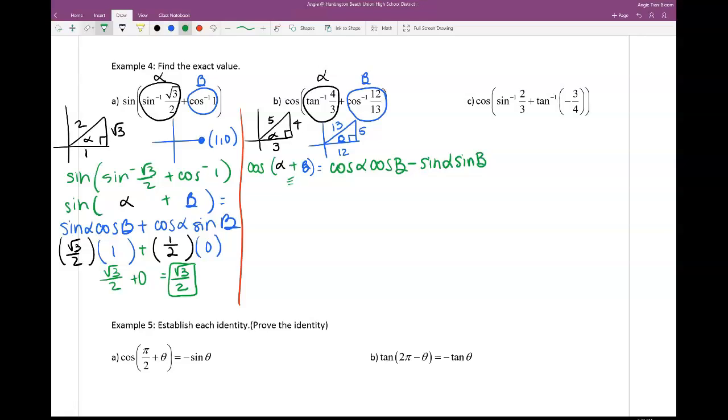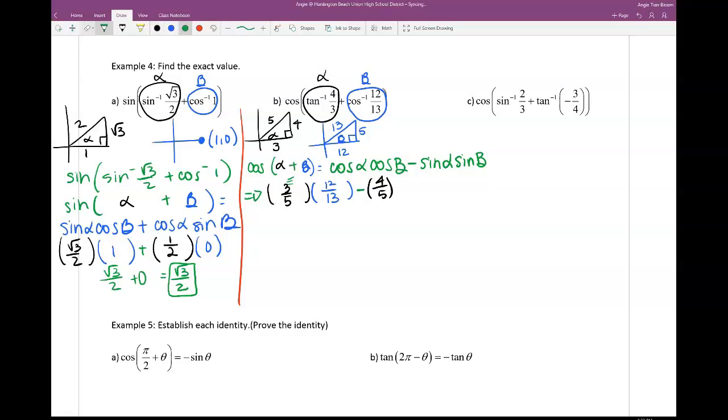All right, now we will just go and look at the triangle. Cosine of alpha, alpha is coming from the black triangle, so cosine is 3/5, okay? Cosine of beta, beta is coming from the blue triangle, so I'm going to use blue ink. Cosine is 12 over 13. Then I'm going to have a subtraction sign in the middle. Sine of alpha comes from the black one, so I'm going to use black ink.